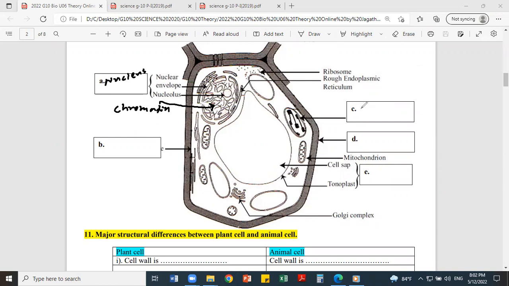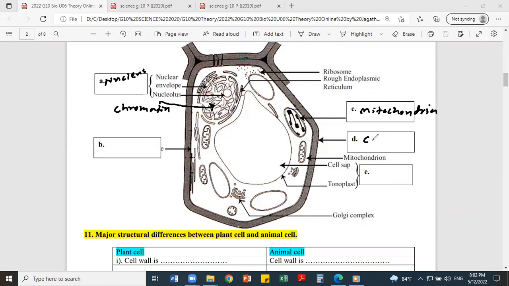And this C will be mitochondria. Mitochondria are common to both: the plant cell has mitochondria, and the animal cell also has mitochondria. The nucleus is also present in both the plant cell and animal cell. Number this B. This is D, the cell wall. The plant cell has a cell wall, not the animal cell.